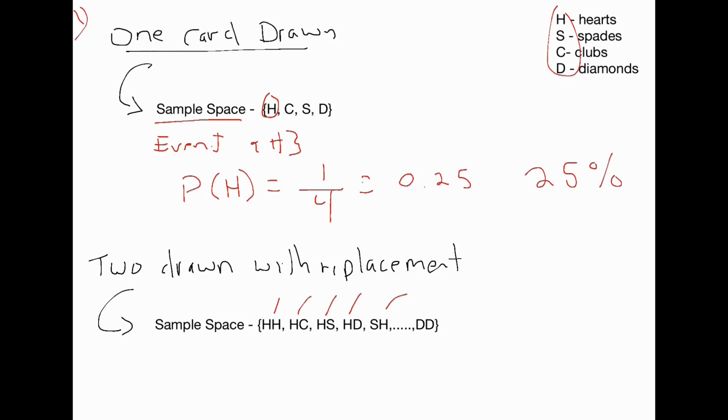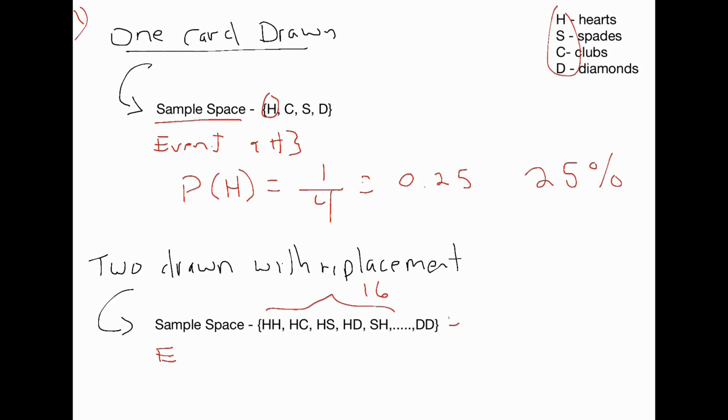And so how many total ways, if I wrote all of these out, which I didn't, would there be to do this? Well, for each first card, there are 4 next cards. 4, 4, 4, 4, and you can verify yourself that the size of this sample space should be 16 possibilities.